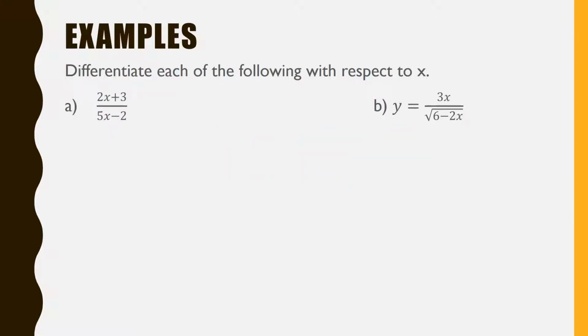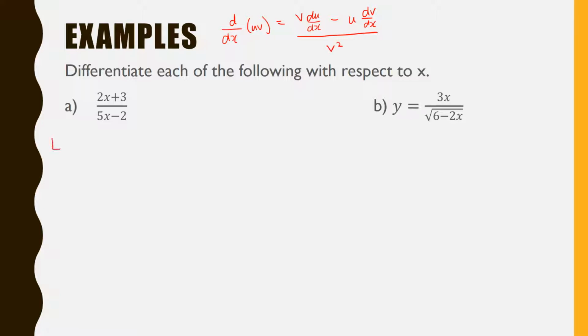Okay, so we want to differentiate each of the following with respect to x. If we are differentiating the first function, let's use the quotient rule as it's written on the formula sheet. I'll just write it up the top here again so that we keep this in mind when we're going through this process. Remember, in this case, the order is very important and we need to follow the order given.